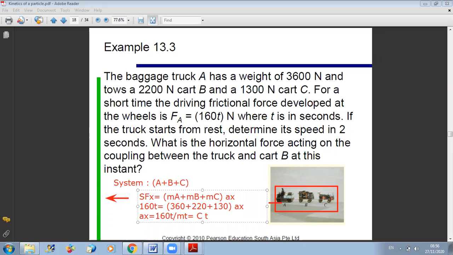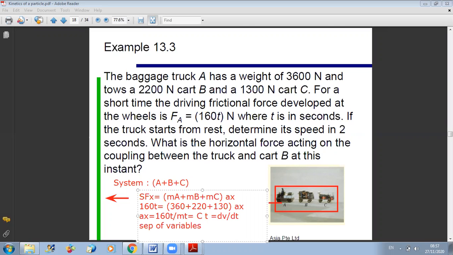Always, when A is not constant, I do integration. Since I want to find velocity, and I know that A is equal to dV by dt, I can do separation of variables.